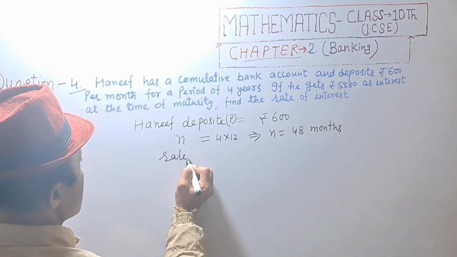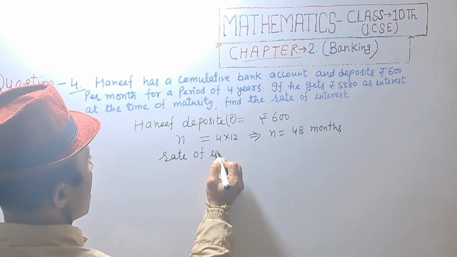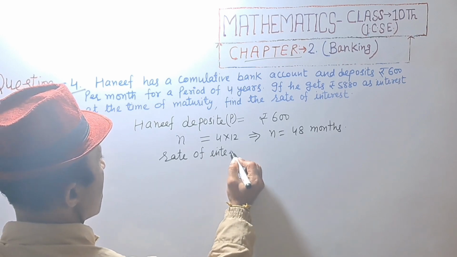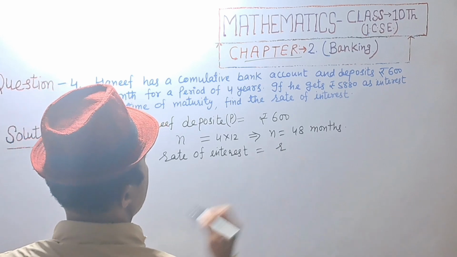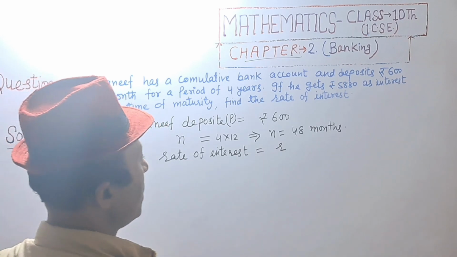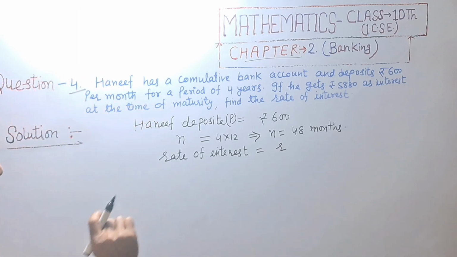Rate of interest is equal to R. We find the rate of interest, that is equal to R.